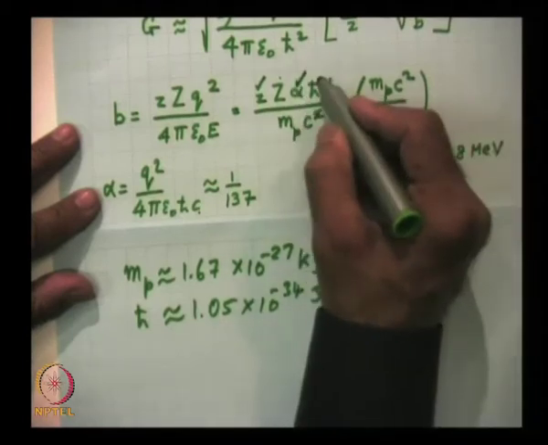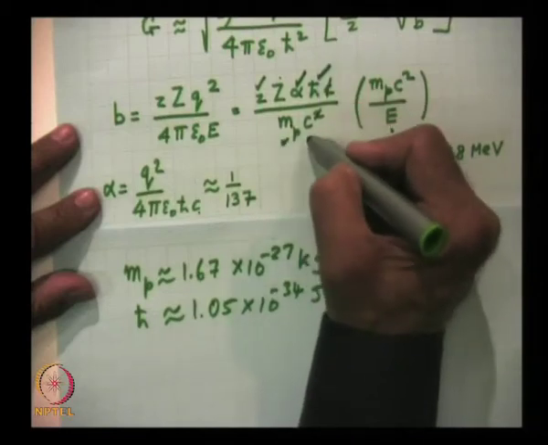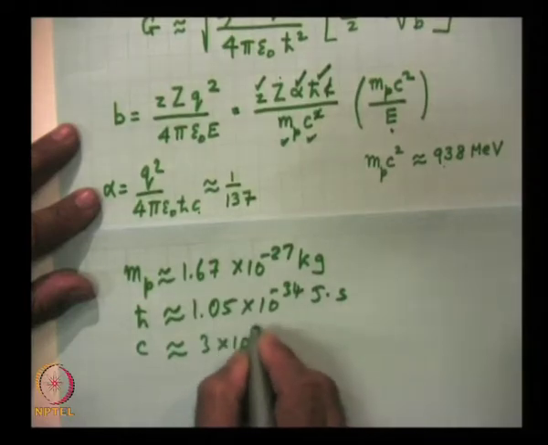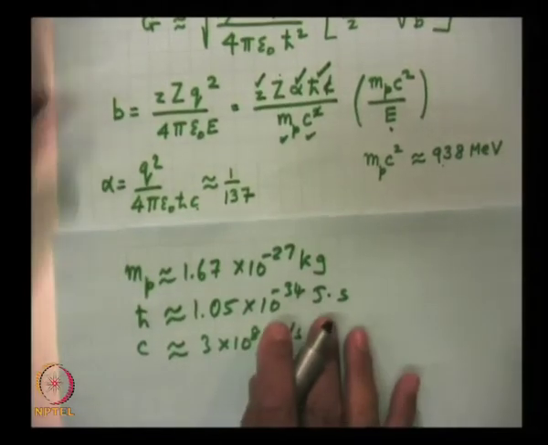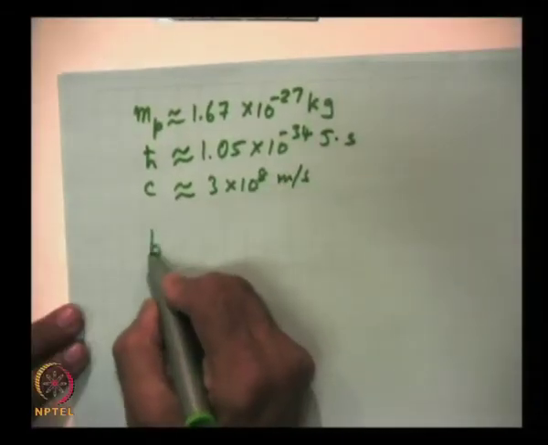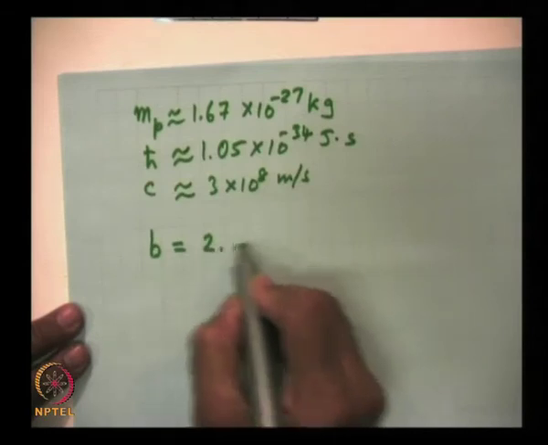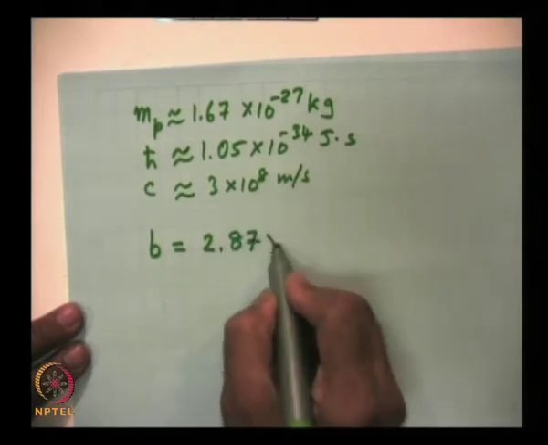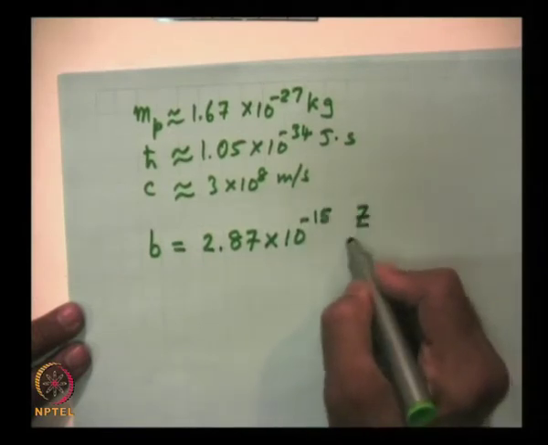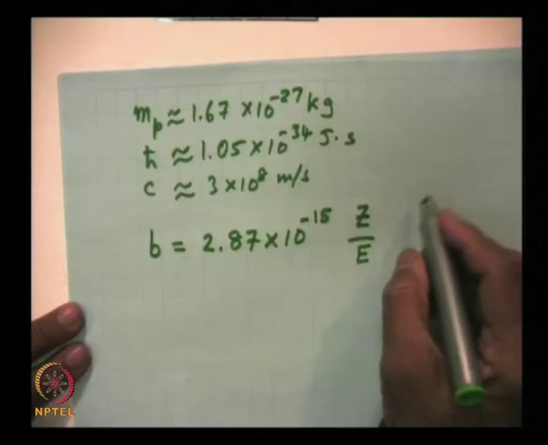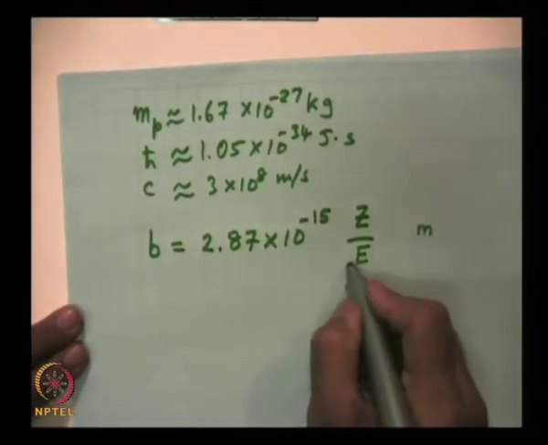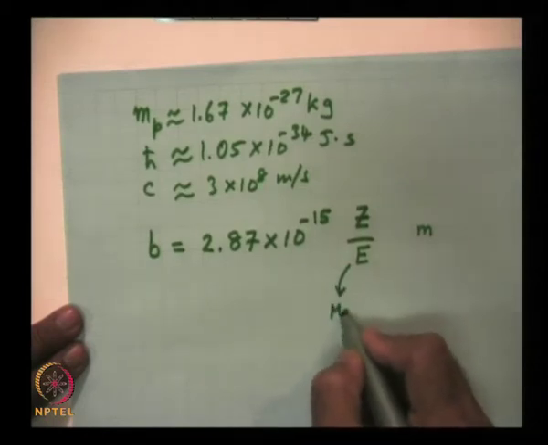Alpha is 1 over 137, H cross I know, MP I know, C is about 3 into 10 to the power of 8 meters per second. So, if I substitute that, then in this expression I get this following expression: B is equal to 2.87 into 10 to the power of minus 15 Z by E. This is then measured in meters, where E is measured in MeV.